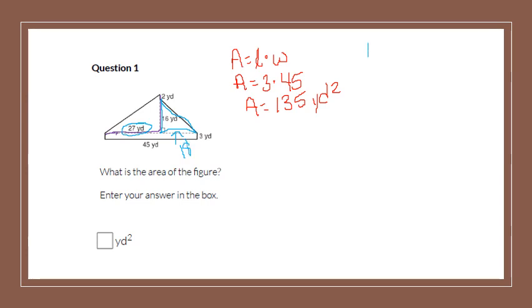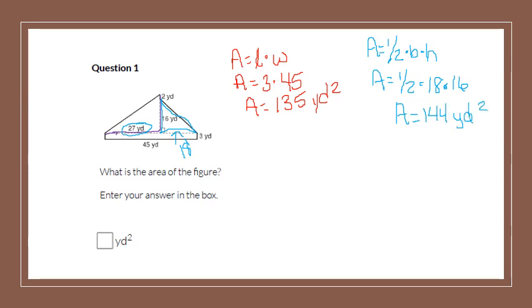Now we've got all of our measurements and we can find the area of our triangle. I've got 1/2 times the base of 18 times the height of 16, and I get the area of that triangle is 144 yards squared.